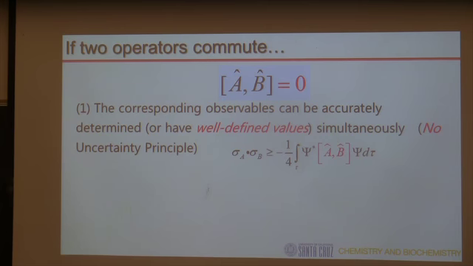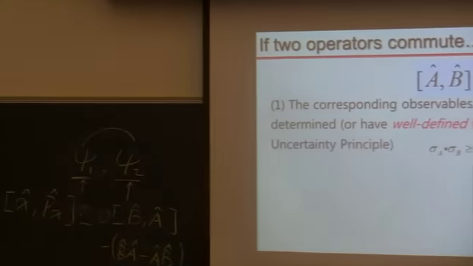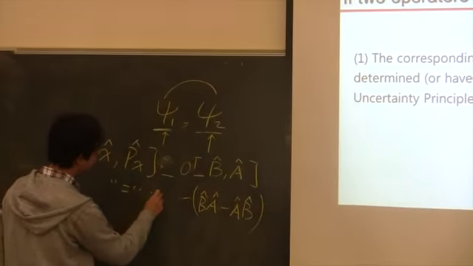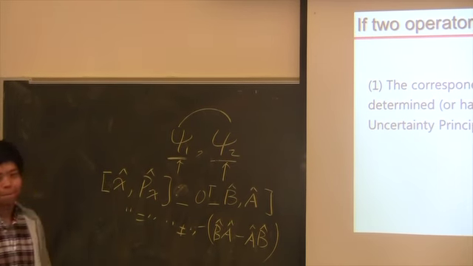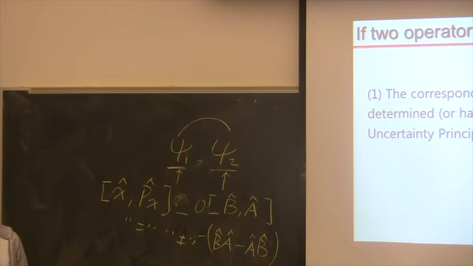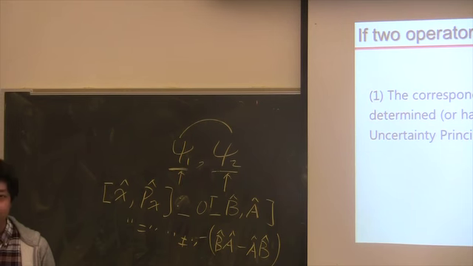So can you tell me without calculation what this commutator equals? Just tell me the sign, compared to 0. Is it equal or not equal? Not equal.